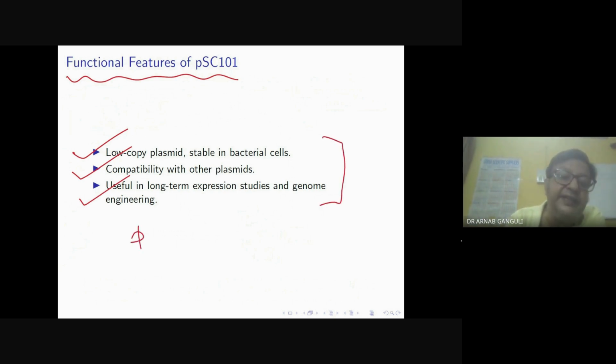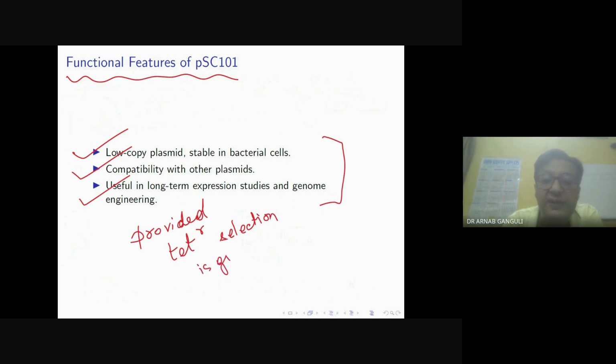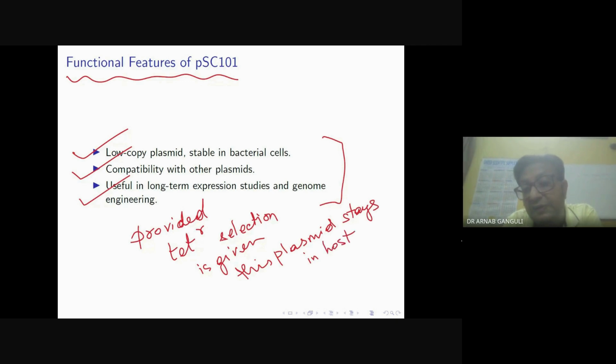Provided tetracycline selection is given, this plasmid stays in the host for a long time.